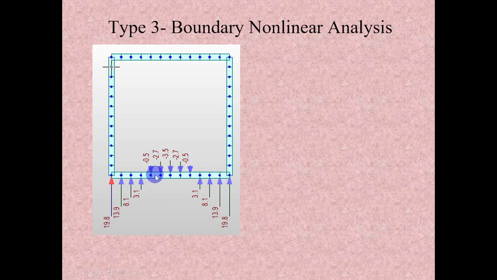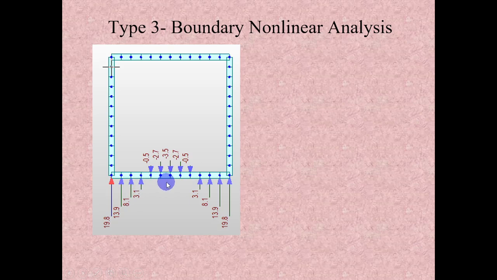Where there is no contact, it should not take any reaction at all, but soil cannot take tension. It can resist only compressive force. When a structure is supported over soil, wherever it has contact, only then can it take some loads, but it cannot take load in the contact loss area, so it cannot take any tension.